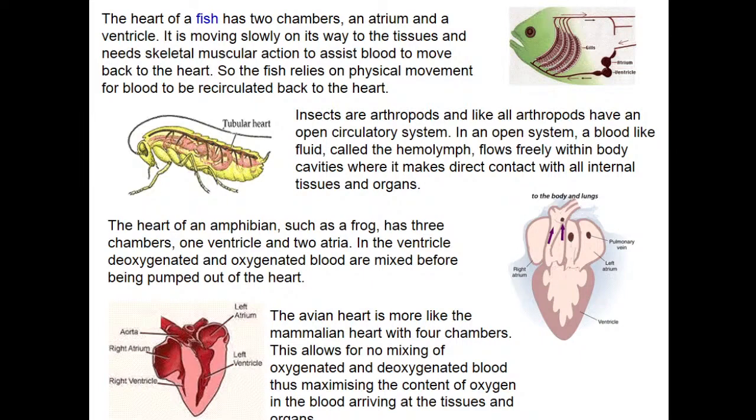Second layer. Insects are arthropods, and like all arthropods have an open circulatory system. In an open system, a blood-like fluid called hemolymph flows freely within body cavities, where it makes direct contact with all internal tissues and organs.